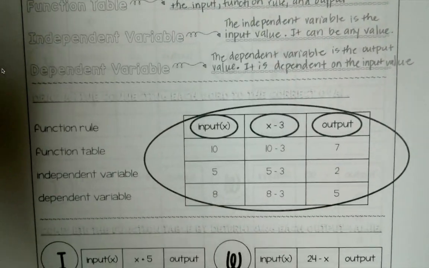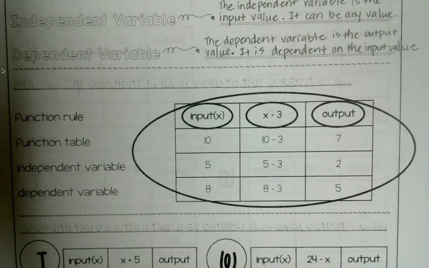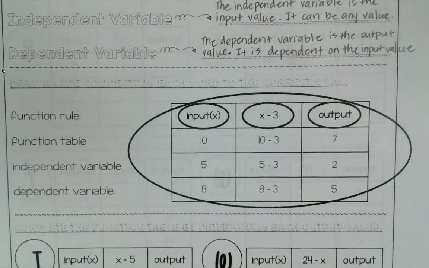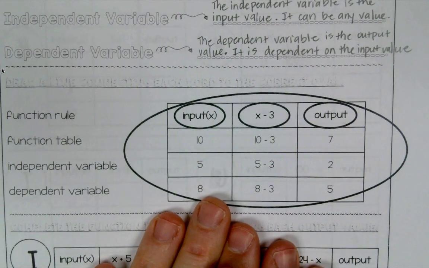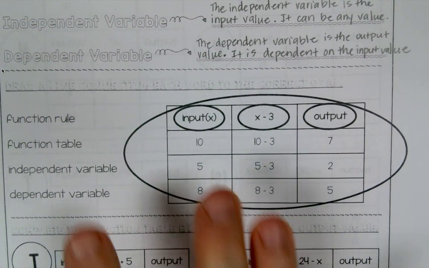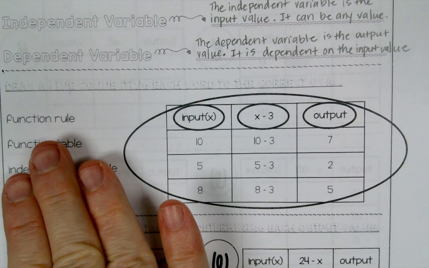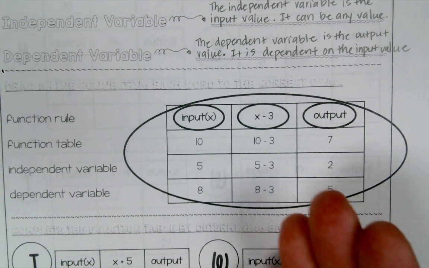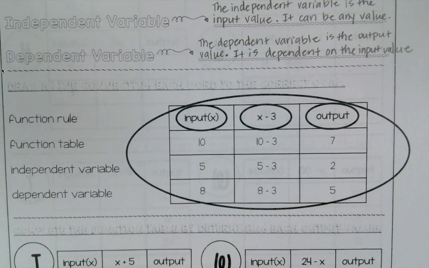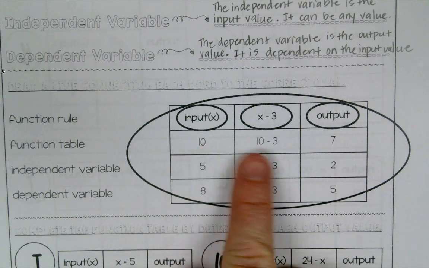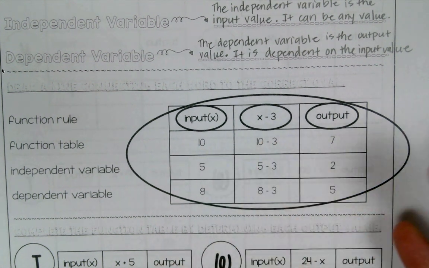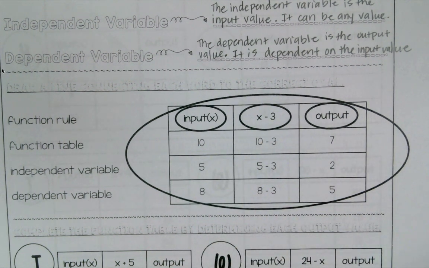Okay. So we're going to talk about this table. Okay, it's a function table. And we're going to draw lines of our vocabulary to the parts that are circled that represent. Okay. So we get to identify the input, the function rule, the output, and then the entire thing.